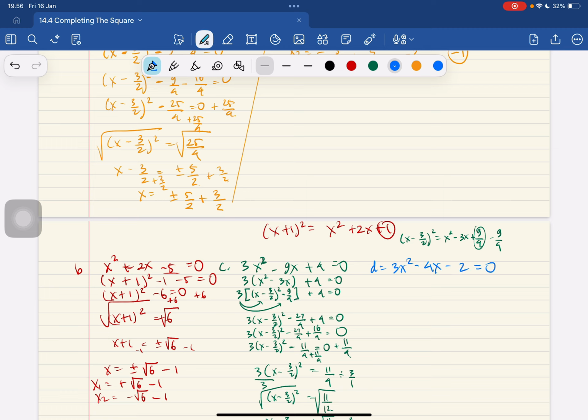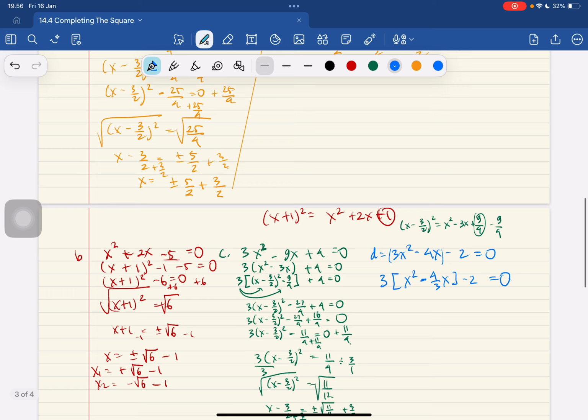The coefficient is not 1, so let us factorize it. Take out 3 from these two numbers, so it's going to be 3 times (x squared minus 4 over 3 x minus 2) equal to 0.